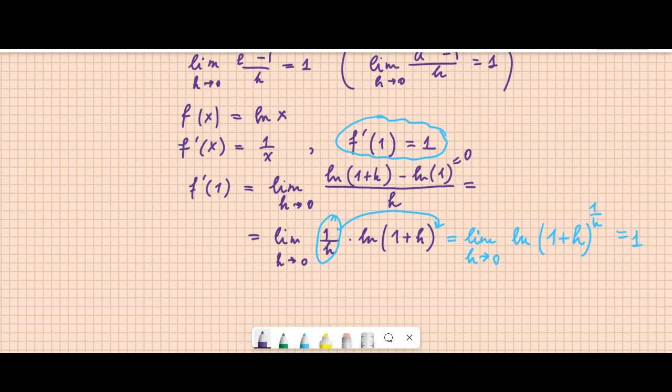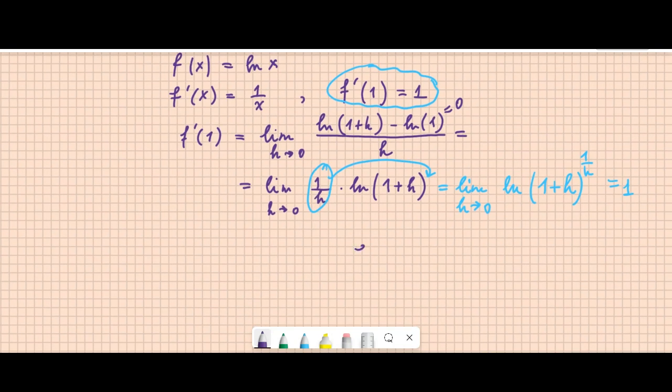I'm going to raise e to the power of both sides, left side and right side of this limit. So I'm going to write down e to the power of the limit as h approaches 0 of ln of (1 plus h) to the power of 1 over h.